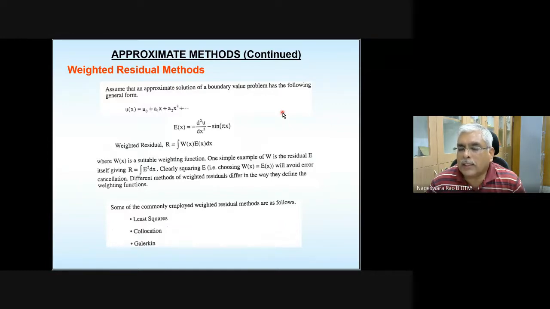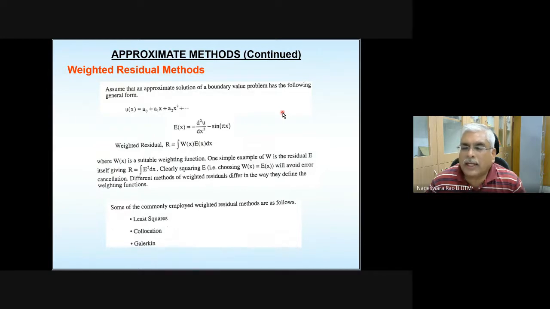One of the important things about basis functions is that all the terms in the basis should be linearly independent. What is the meaning of linearly independent?